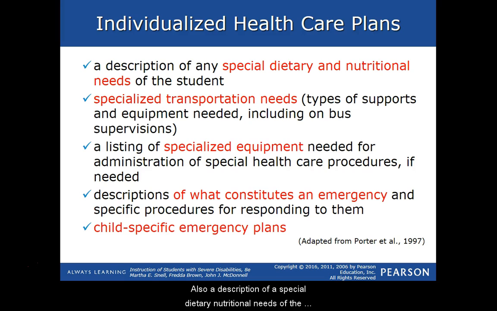Also, a description of special dietary and nutritional needs of the student, any specialized transportation needs, a listing of specialized equipment, and a description of what constitutes an emergency and what procedures should be followed when an emergency occurs. So there is such a thing as child-specific emergency plans.